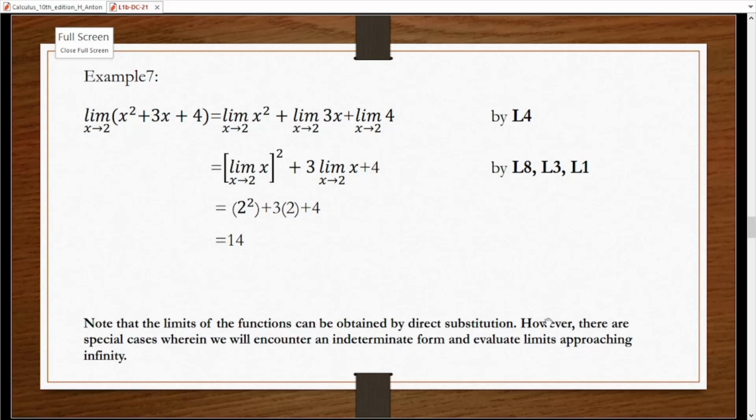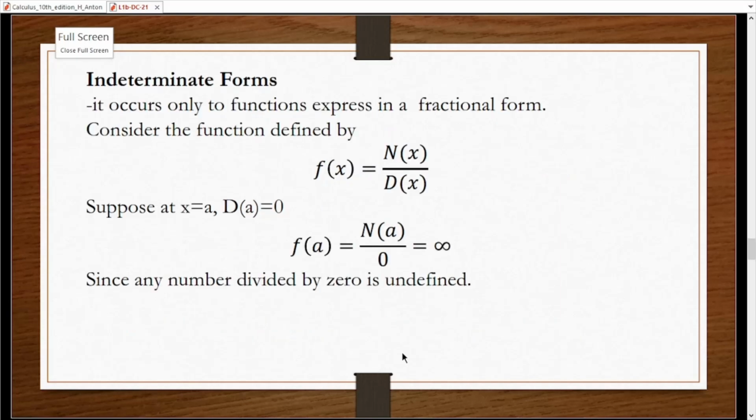However, there are special cases wherein we will encounter an indeterminate form and evaluate limits approaching infinity. So, ano ba yung indeterminate form? Sabi dito, it occurs only to functions expressed in a fractional form.